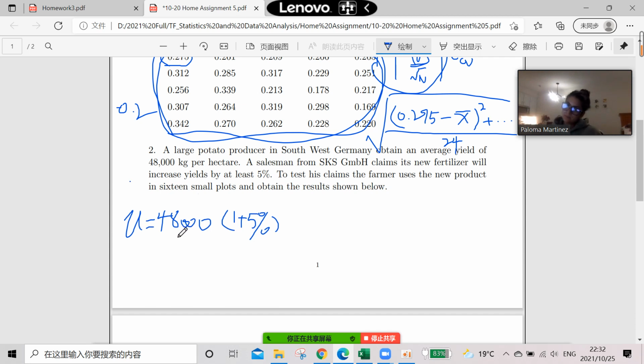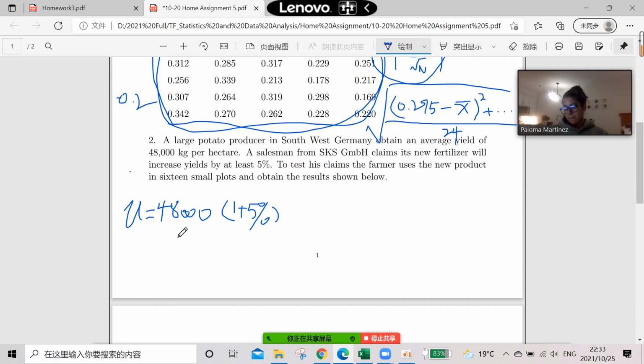I could also argue the alternative hypothesis is mu not equal to 50,400, and then it becomes a two-tailed test. But after reading this problem, I have a preference: I want my production to be greater than 50,400.